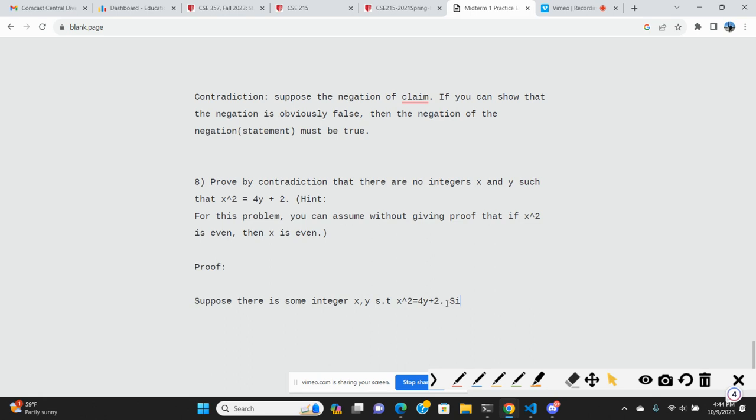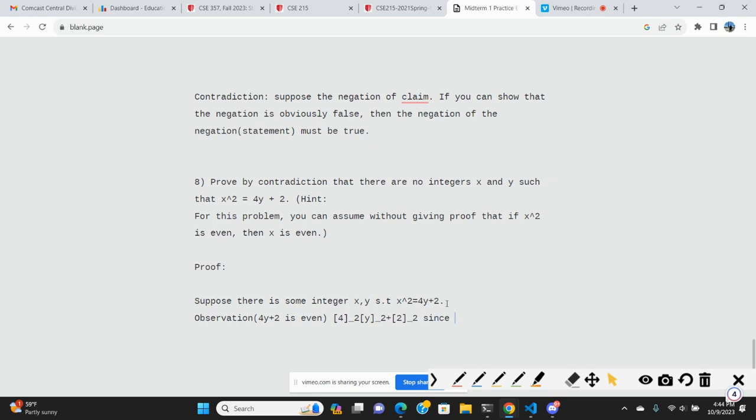Now, observation: 4y plus 2 is even. And you can do this by proving it with congruence classes. So this is the same thing as the congruence class of 4 mod 2 times the congruence class of y mod 2 plus the congruence class of 2 mod 2.